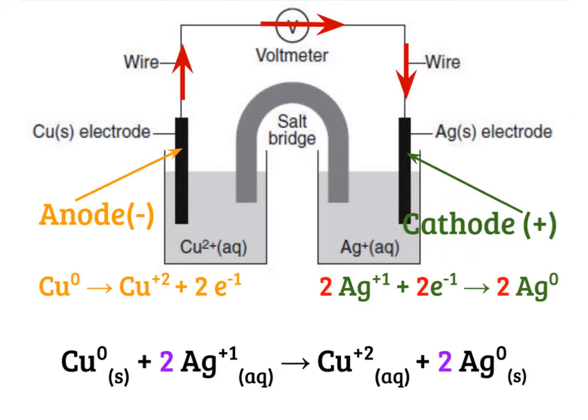We can say that the electrons would be running from the left to the right because electrons are produced, released, lost on the anode, and they are traveling through the wire towards the cathode. Since electrons are running away from the anode in a voltaic cell, the anode is said to have a negative charge. It's repelling electrons, and they are running towards the cathode that is said to have a positive charge.